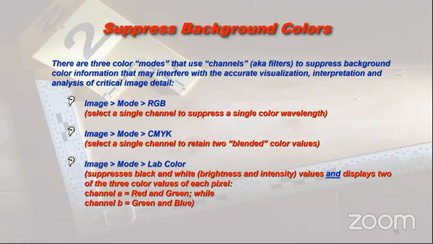When you're looking at your red, green, blue values, in lab color mode, channel A is going to show only the red and green values for every pixel within the image, and channel B is going to be displaying the green and blue values merged together for every pixel within the image.